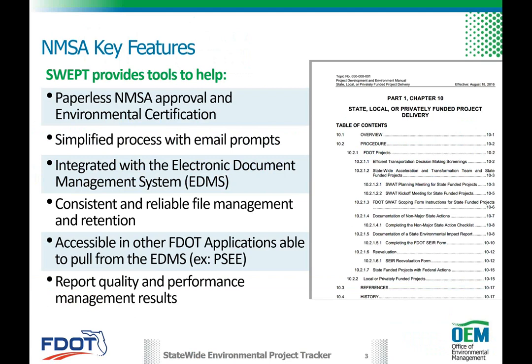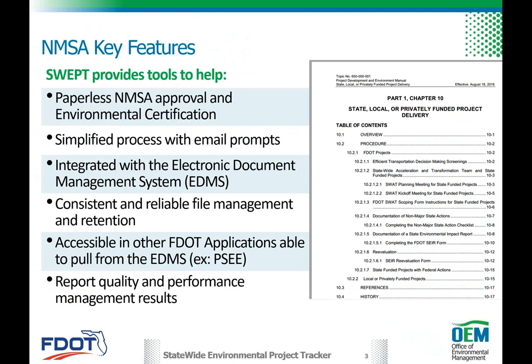But if we talk about the non-major state action and the SWEPT implementation, much like the type 1, it's an action that occurs in the district. It's going to be an electronic paperless process, a very simple form that's been turned into an electronic form.